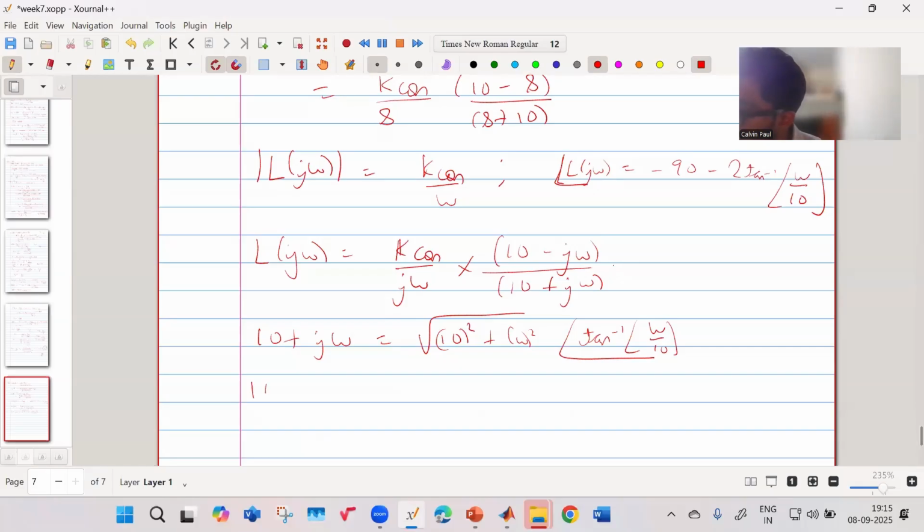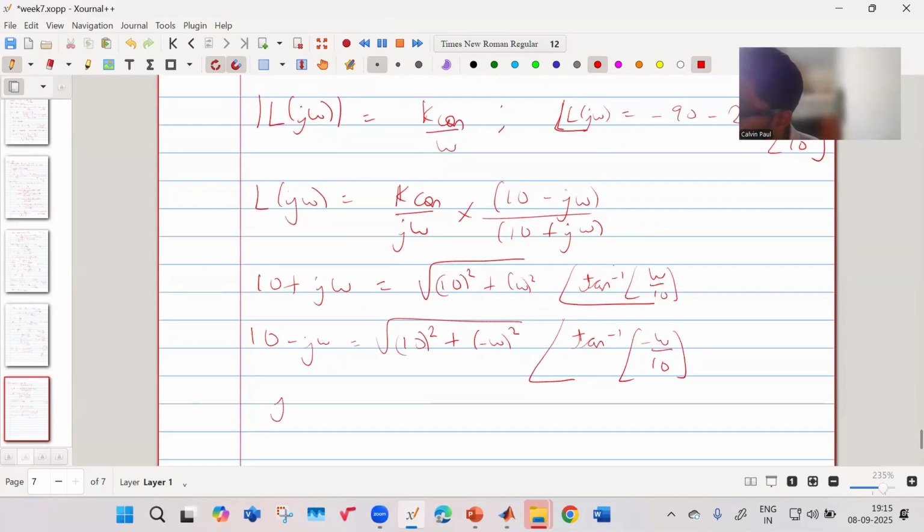Similarly, 10 minus j omega, that again has magnitude square root of 10 square plus omega square. It is the same. And the angle contribution of that is tan inverse of minus omega by 10.